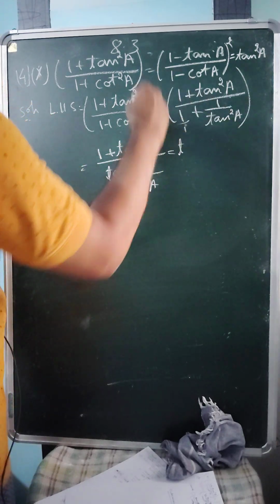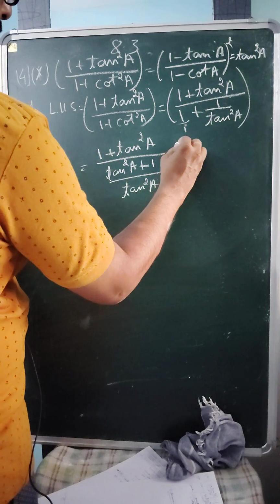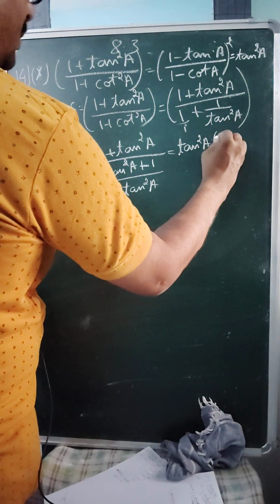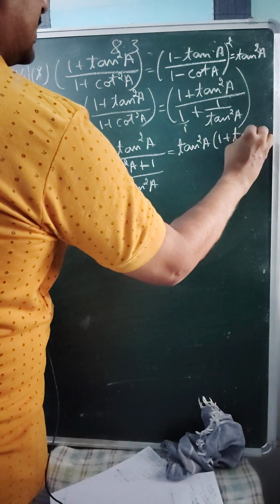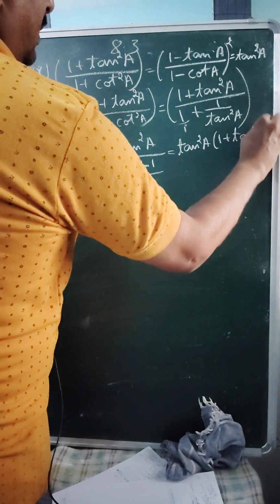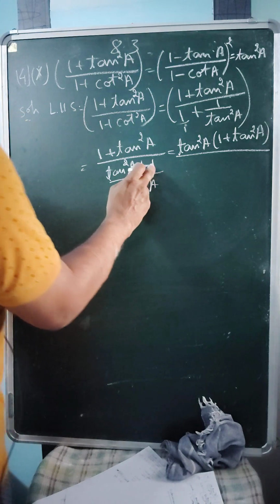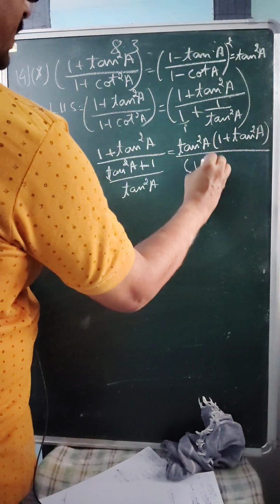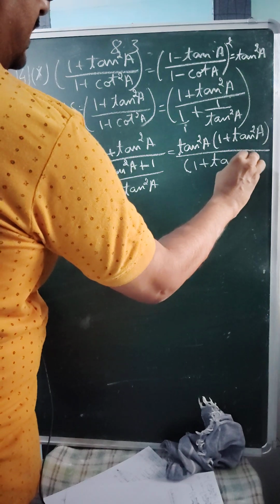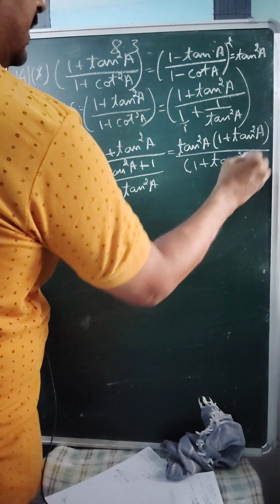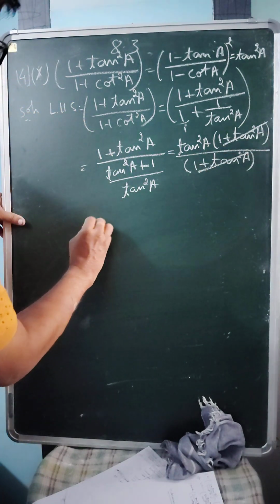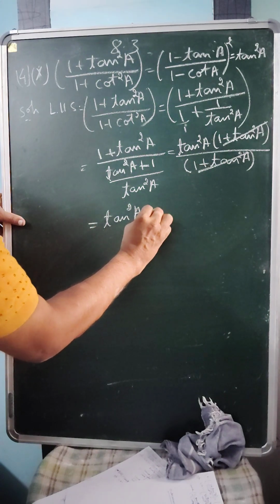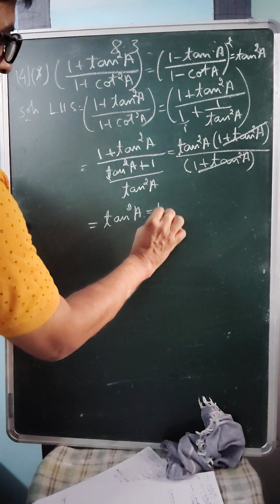I will take this to the numerator: tan square A into (1 plus tan square A) whole divided by, instead of writing 1 on the right side, I will take this to the left side, 1 plus tan square A. These two get cancelled, left is tan square A. This is equal to RHS.